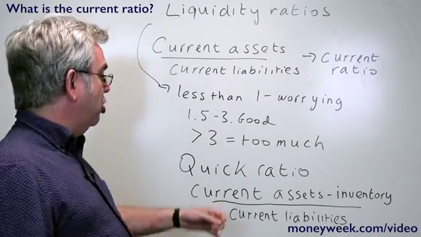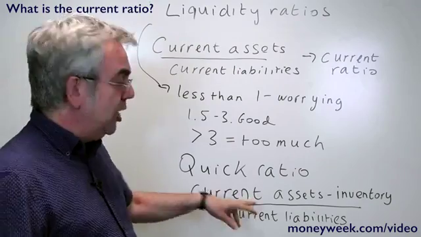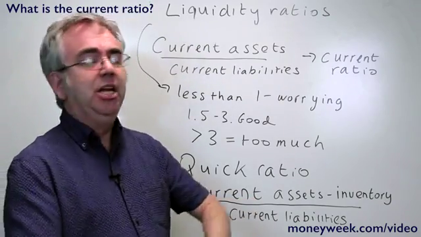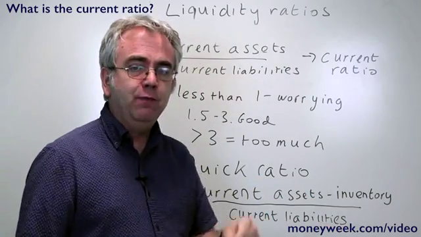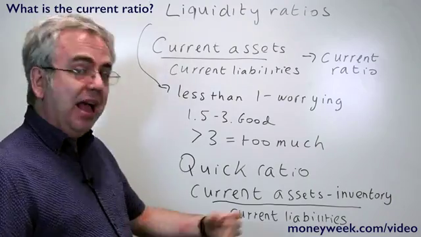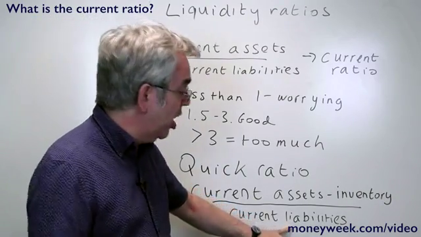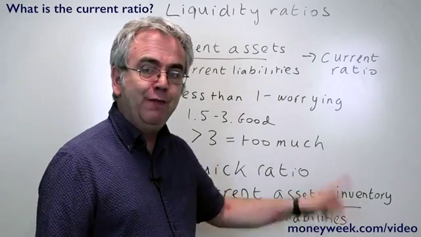So the solution to that problem is you look at something called the quick ratio. And here we look at current assets, the cash, the accounts receivable, all the rest of it, but we take out the inventory because that's the one where the value might fall quickly. And then we divide, once again, current liabilities into current assets minus inventory.